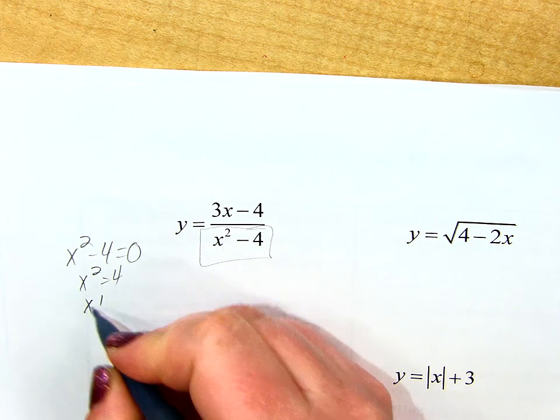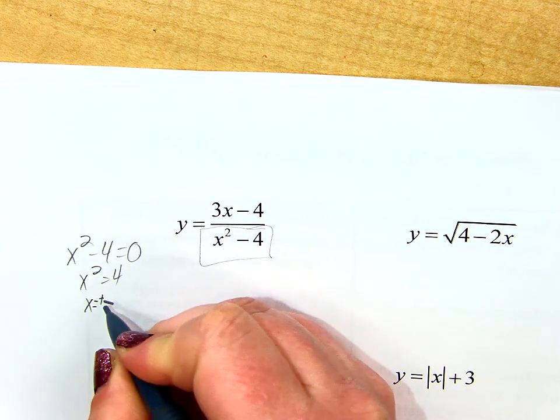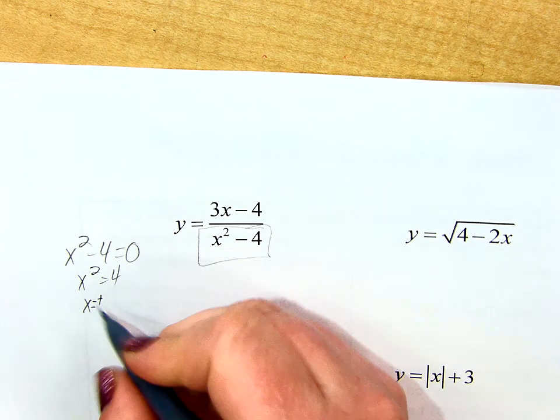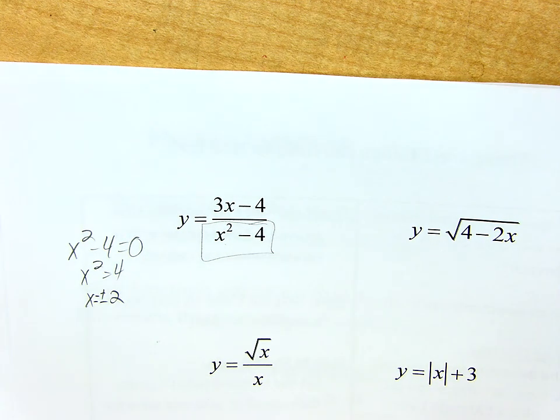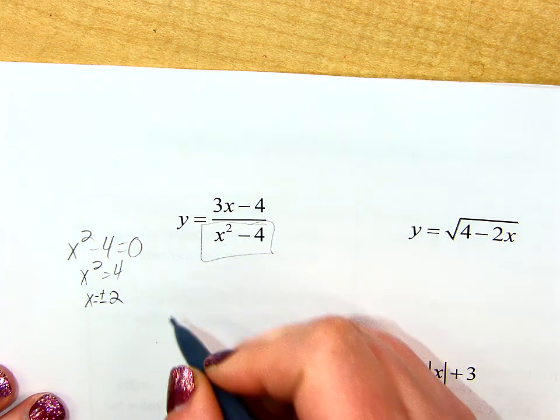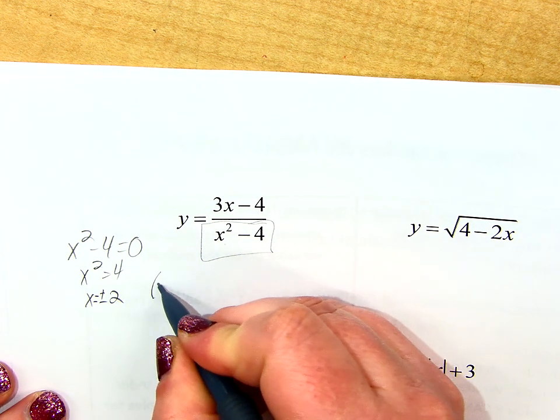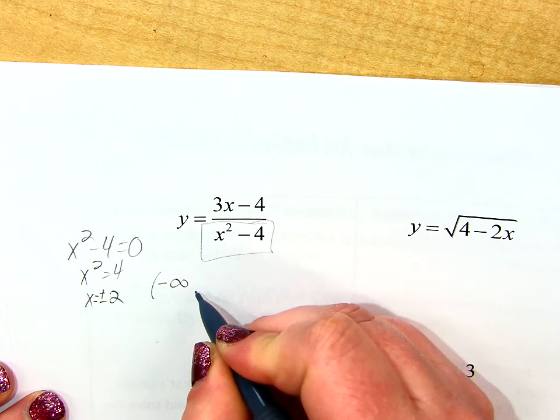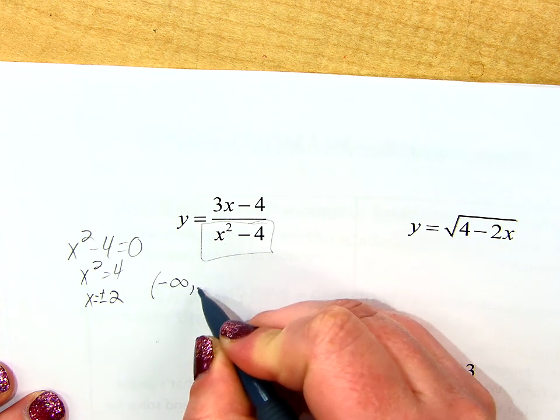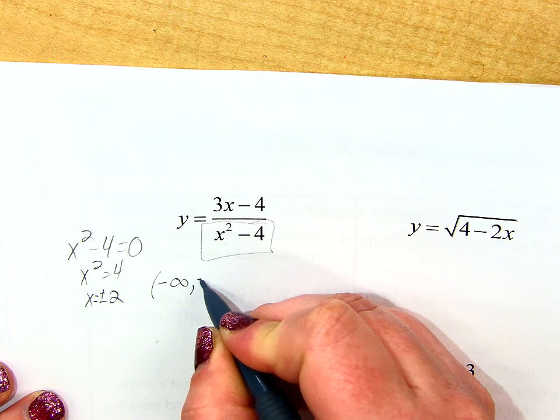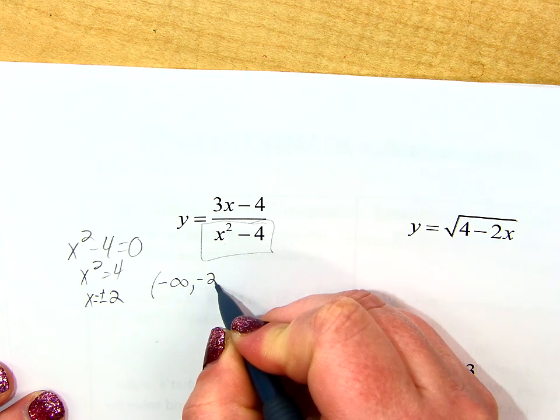Did you get positive and negative 2? Okay, so I can have everything in my domain except that. All right, so we're going to write this in interval notation. Let's try it. I can come all the way from negative infinity, and then I can get up to, yeah, let's go to negative 2, right?